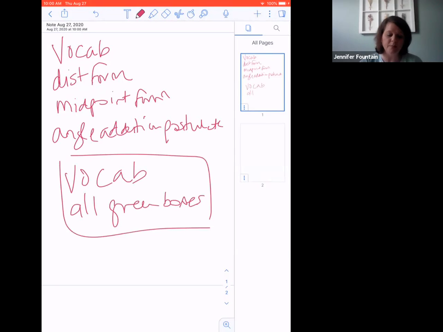Okay, because the green boxes are where we find all of our formulas. So as you're flipping through your textbook, you're wanting to make sure that you're focusing on your green boxes and your highlighted vocab. Okay, so I think that's a good guideline on what you need to study for.